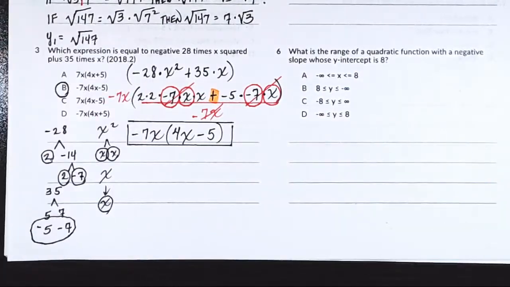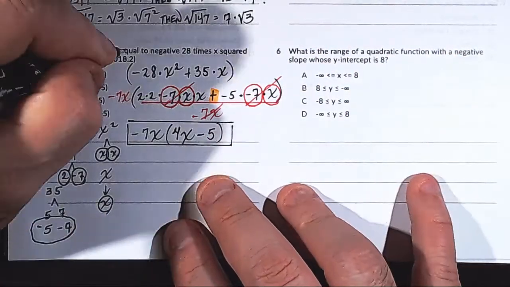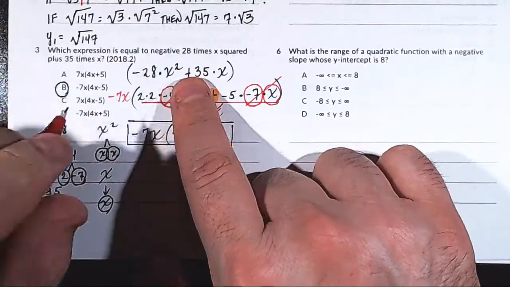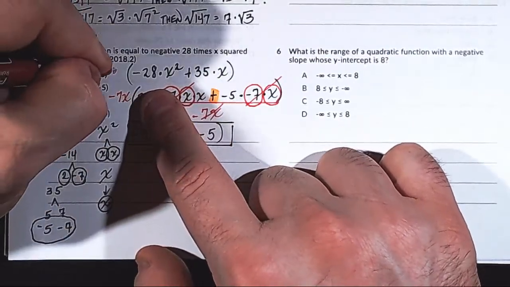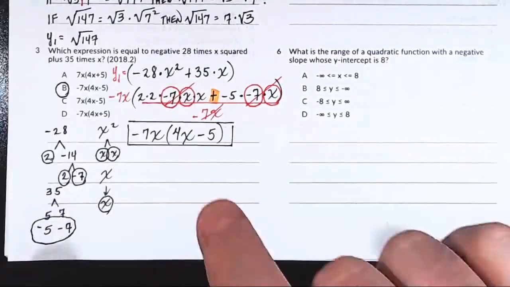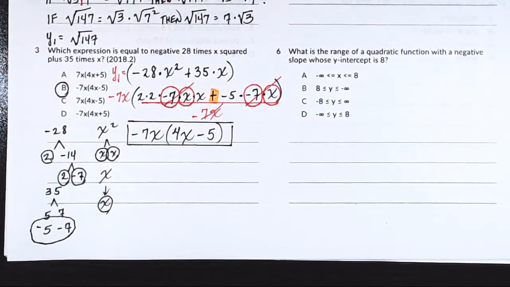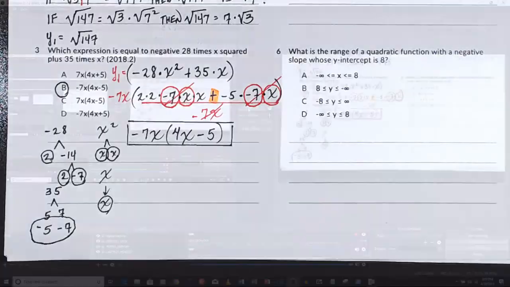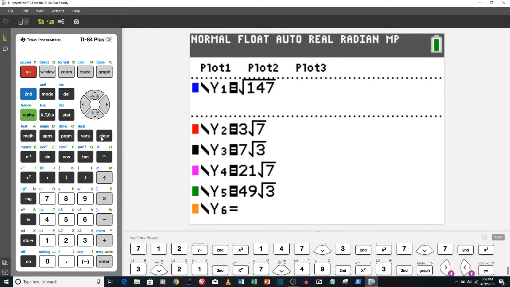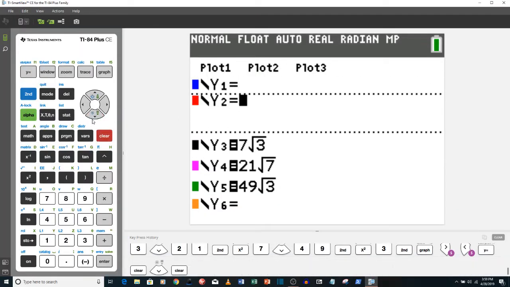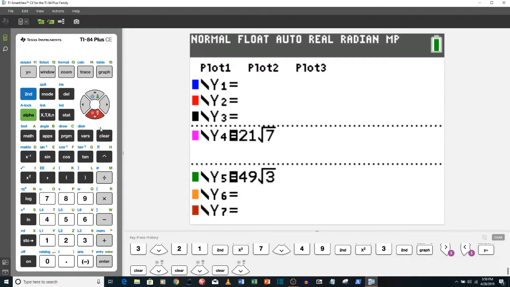If you did not know how to do this, once you write this out in English, you could put this in Y1 and then check your values. So that's what we'll do right now. We will flip to the screen here and clear out all of our values.